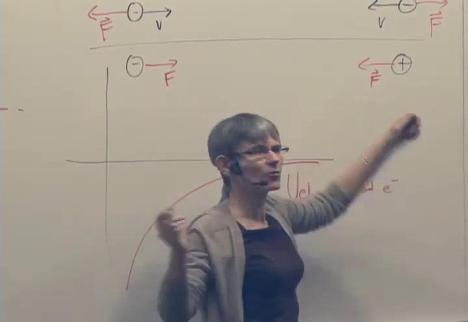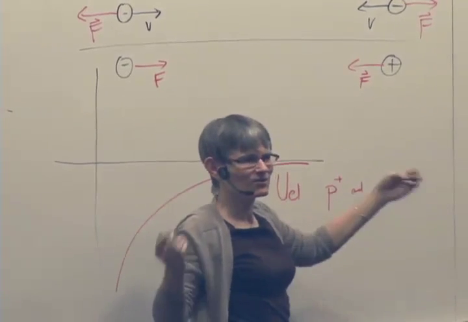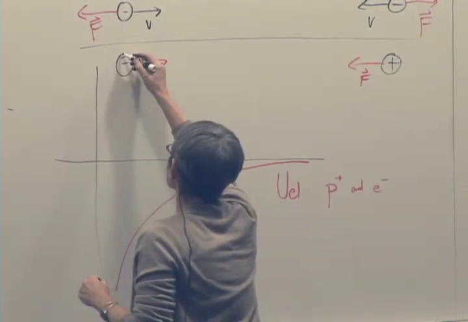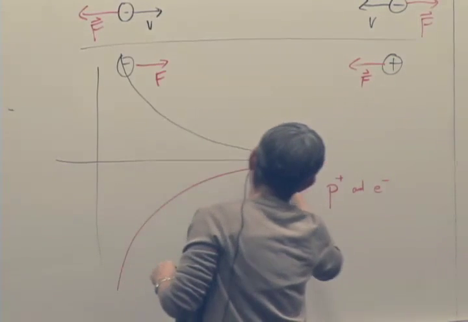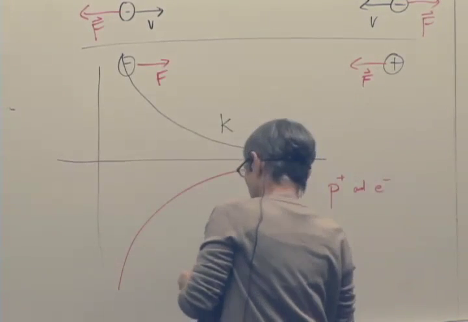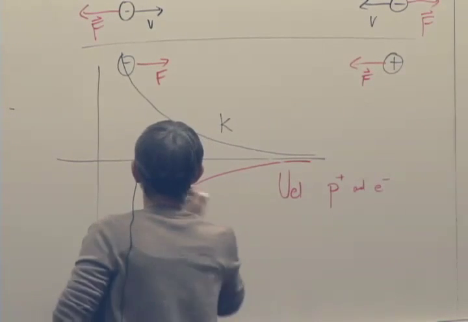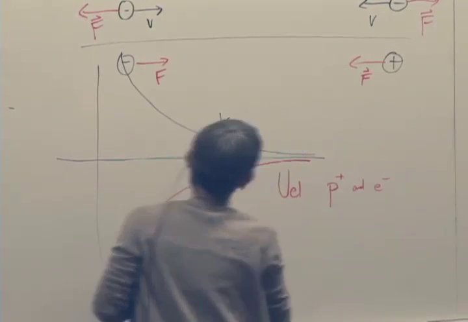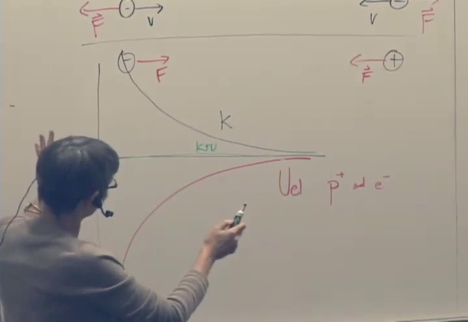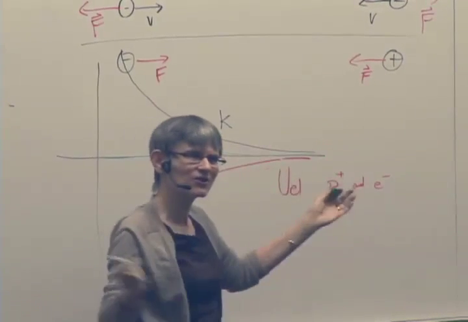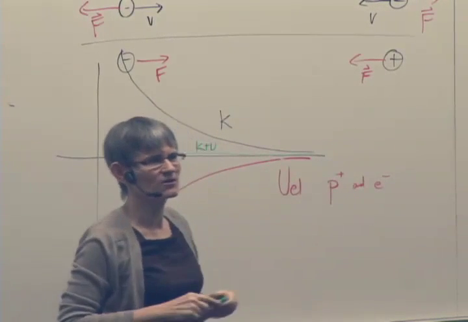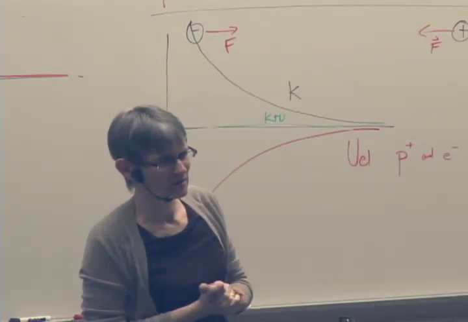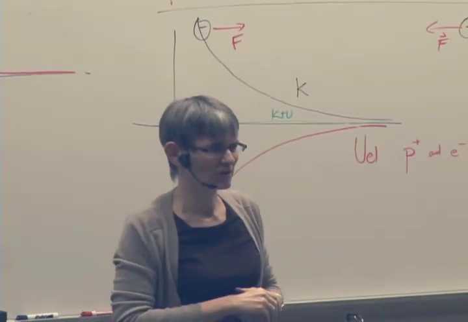If we start with them at rest, so that they have 0 kinetic energy, then we'd have that for K and that for K plus U. If we start with them moving toward each other, they'd have a little more. So it depends on the initial. Okay, questions about this? We're going to keep drawing potential energy curves.